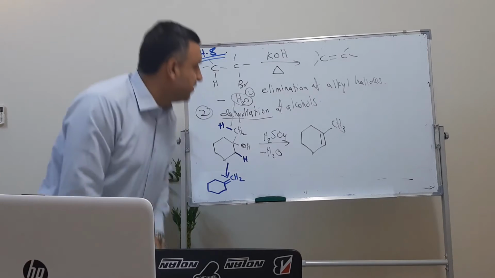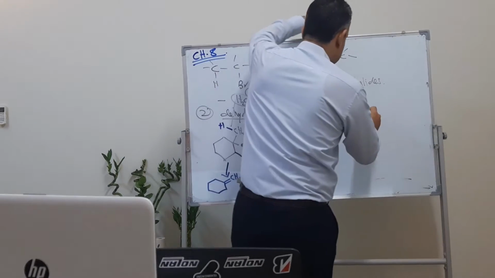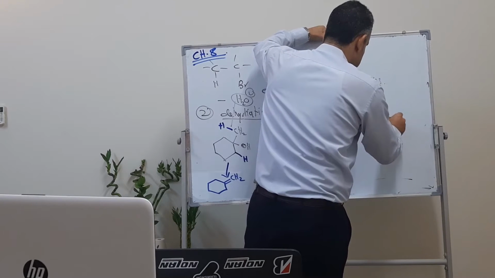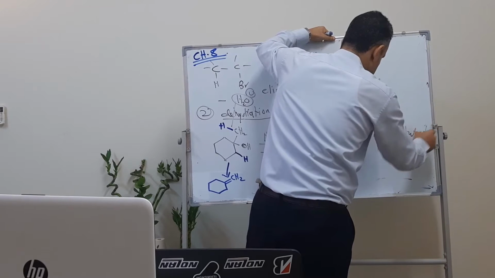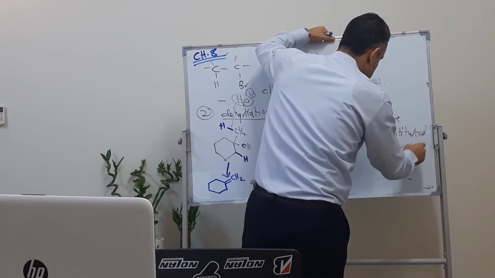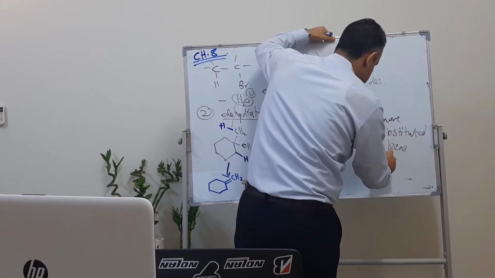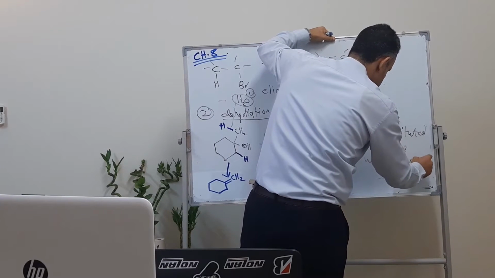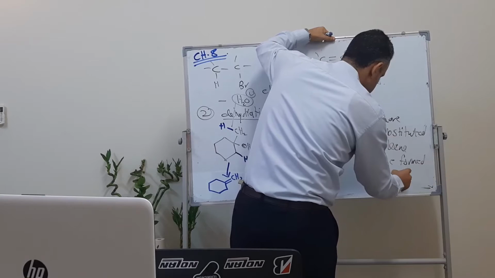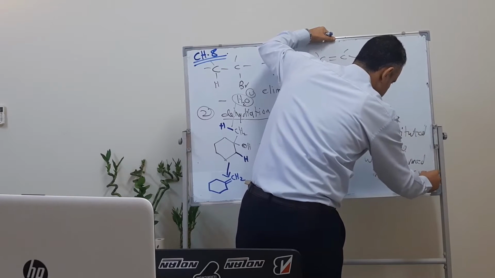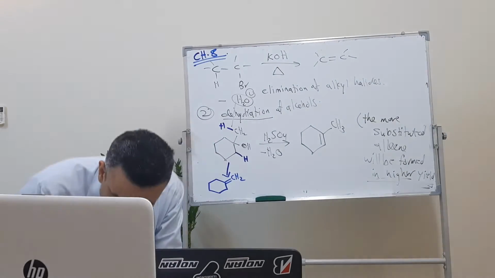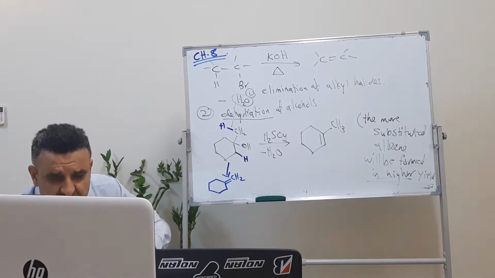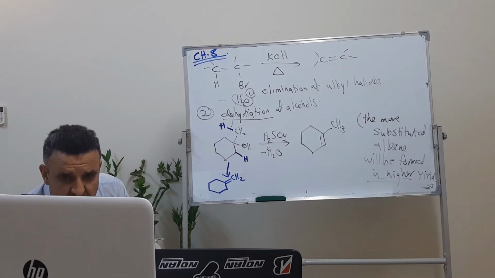In principle, the more substituted alkene will be formed in higher yields. Always, for the dehydration of alcohol, when the alkene becomes the product, the alkene which is more substituted will be in higher yield.